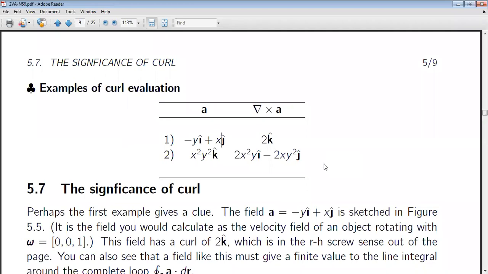So similarly, try to find the solution of the second one. Only one coefficient is given, only the k cap value is given in the A vector. So what will be the value for question number 2? Here A vector equals x squared y squared k cap. Okay, so Nabla cross A equals the determinant with i cap, j cap, k cap, del/del x, del/del y, del/del z.